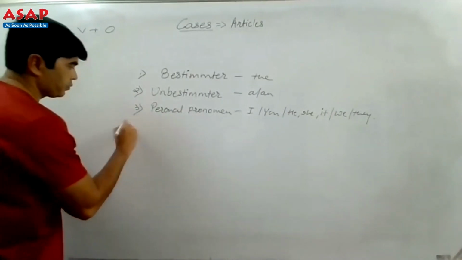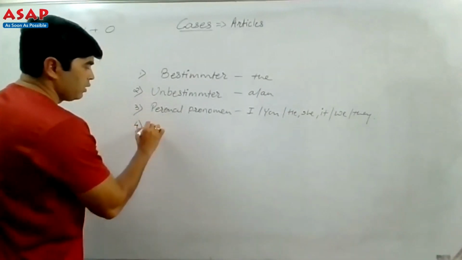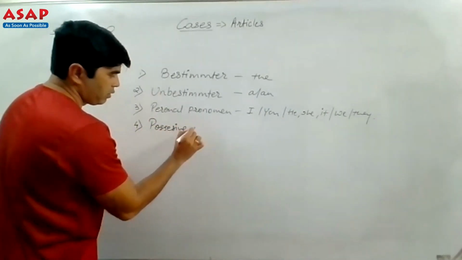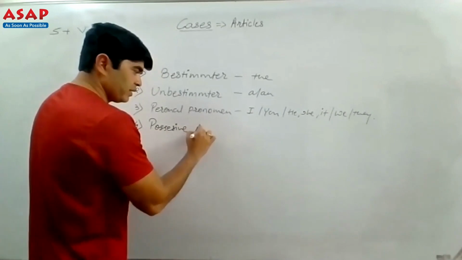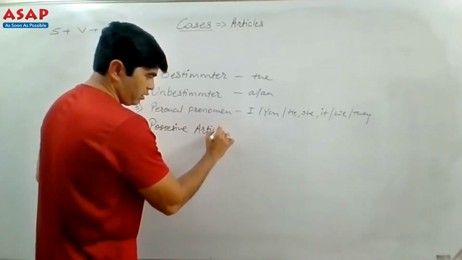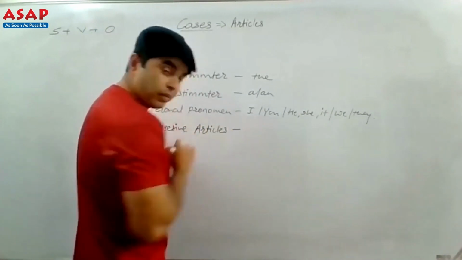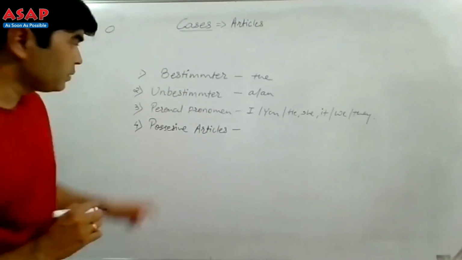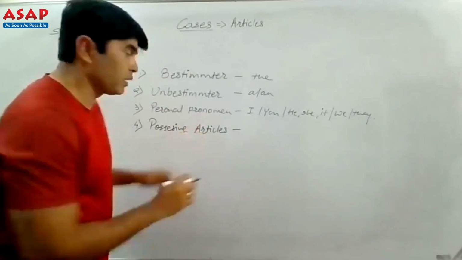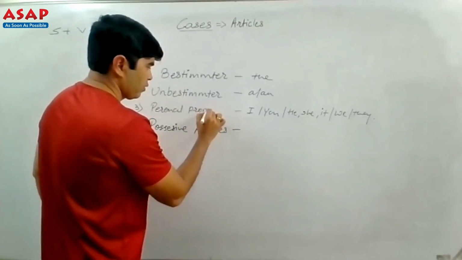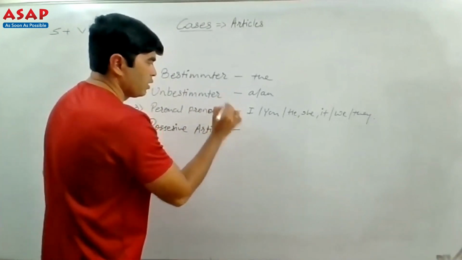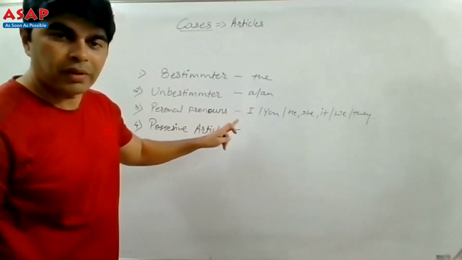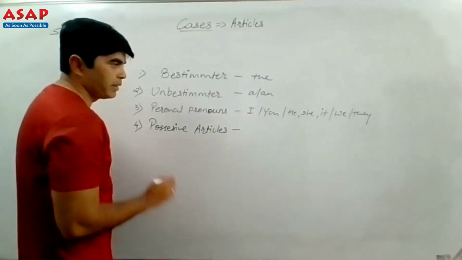Then next, possessive pronouns, or possessive articles, I will call them. Anand, what's the third one? Third one is personal pronouns, sorry, the S is missing. Okay. Personal pronouns, for example, I, you, he, she, it, they, we.